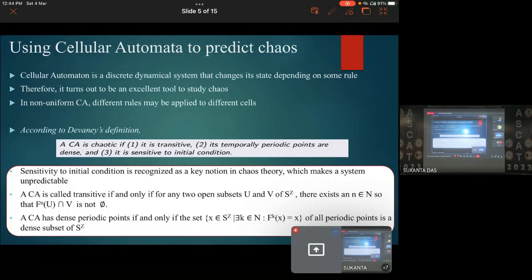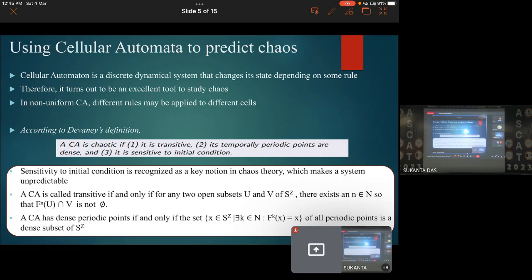And thankfully we have this excellent mathematical tool, Cellular Automata, which is itself a discrete dynamical tool and can excellently exhibit chaotic behavior or different types of behavior. It is a discrete dynamical system, it changes its states depending on some rule.